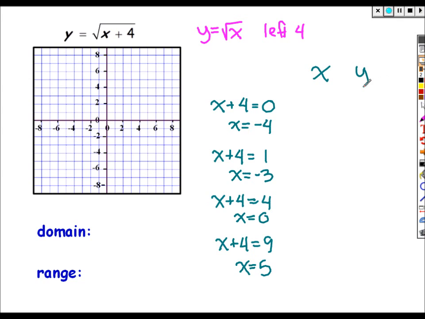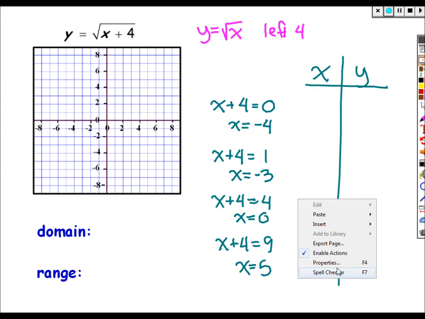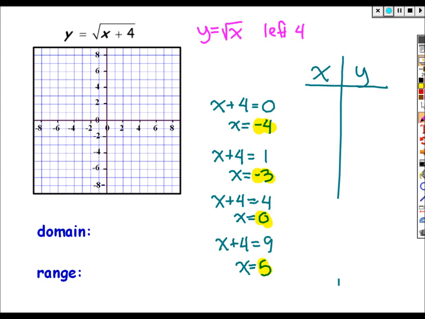Okay, so here's my table. I'm going to plug in these values. Negative 4, negative 3, 0, 5, and I should get out nice whole numbers for y.